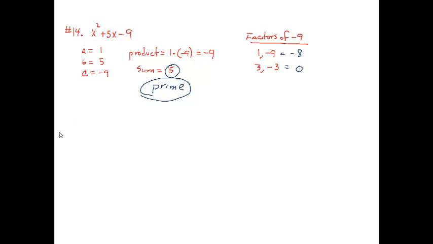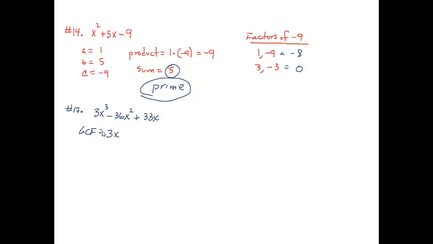Alright, last one, number 17. We have 3x to the third power minus 36x squared plus 33x. The first thing you want to do is always look at your terms. Do they look like they have something in common? The answer should be yes, and that is your GCF. Well, I can factor out the 3 as well as an x.